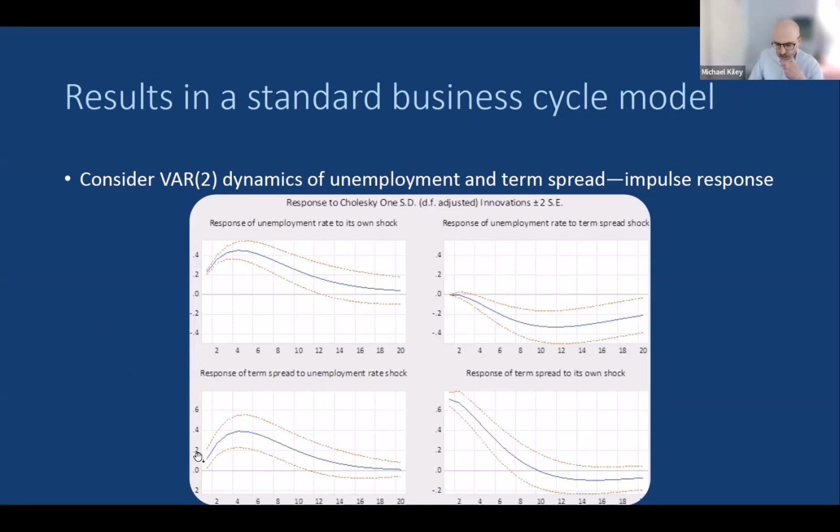Let's look at the response of the unemployment rate to the term spread, this upper left panel, over the first 20 quarters. What one sees is that if the term spread, and this is a positive impulse, becomes steep, times are good, the unemployment rate falls. And then the unemployment rate will subsequently rise. That's just the dynamics that I showed before.